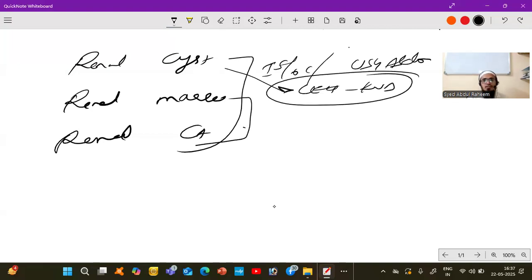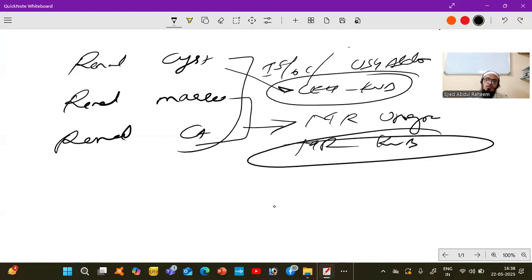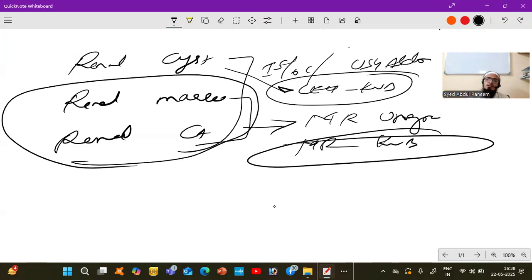For masses, and for cancer, you have to go through MR urogram or MR KUB. This will give the tissue type. We can see the tissue-level scan with the MR KUB, like MRI. Okay, MR urogram or MR KUB.